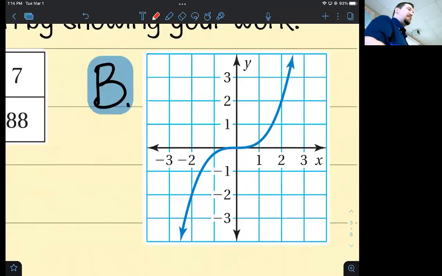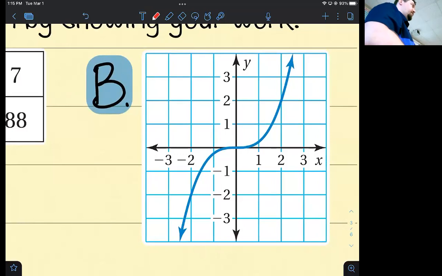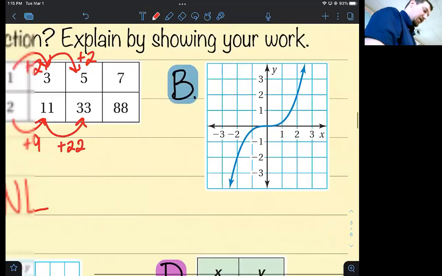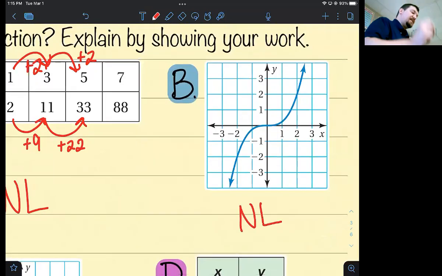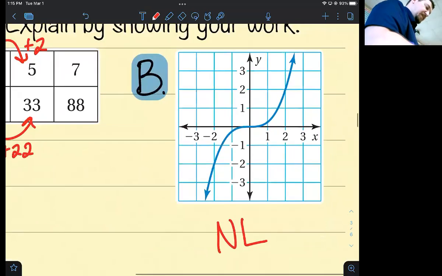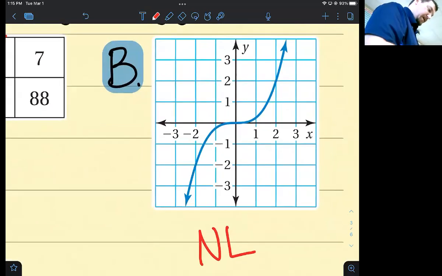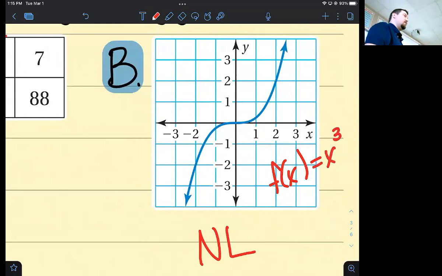What about the graph of B? Linear or non-linear? Sky? Non-linear. Yes, easy to see on a graph. This is actually a variation of the... let's see, I should get one. So it's not exact, but it's a variation. It's a sibling function of the f of x equals x cubed function. An x cubed function will have some sort of form of this.